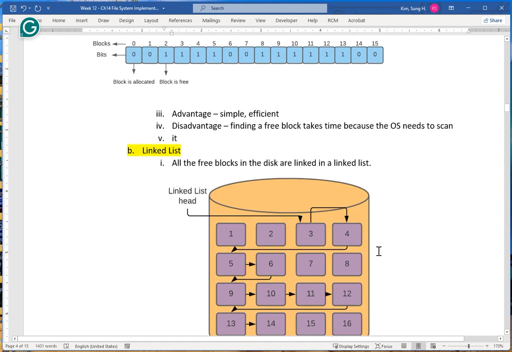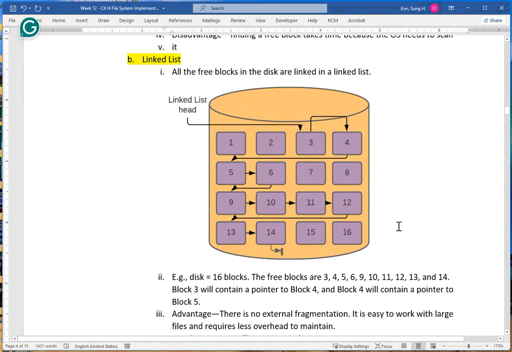The linked list, and the next three, are variations of this, just like the files, whether linked or indexed. Specifically for linked, you link the free blocks from the beginning to the end, so you have only one list.